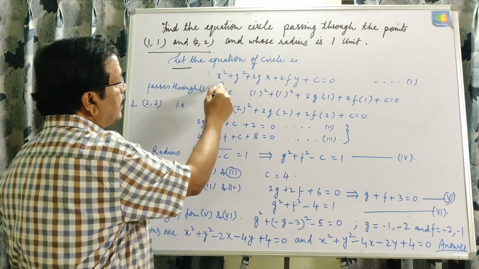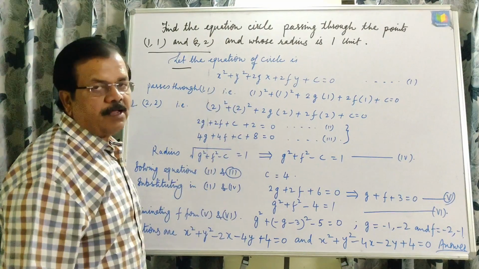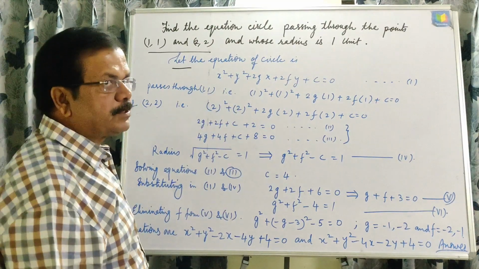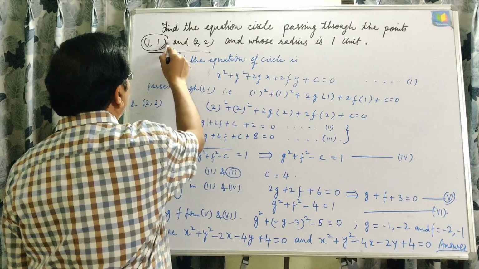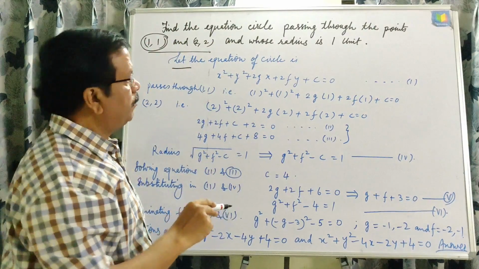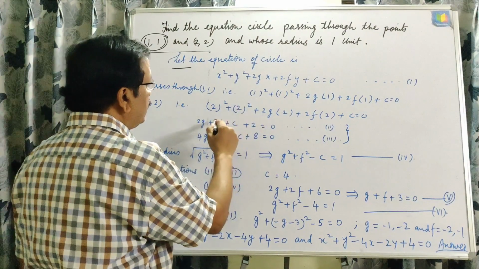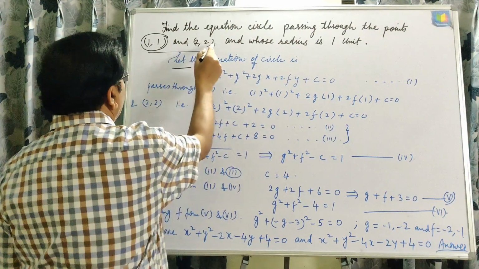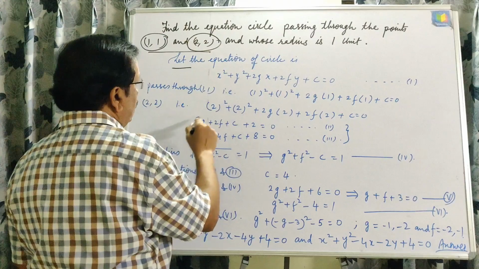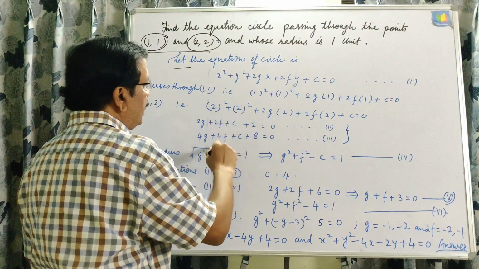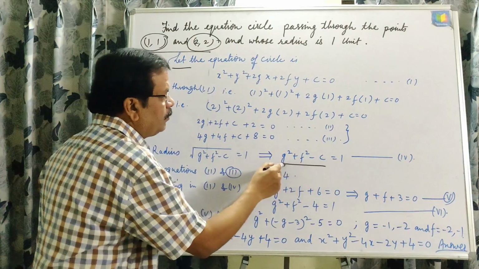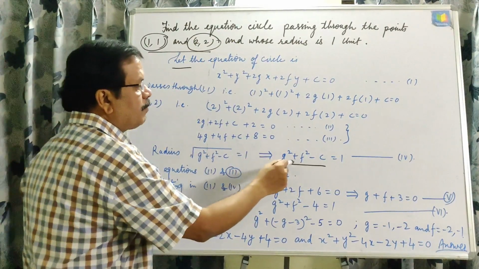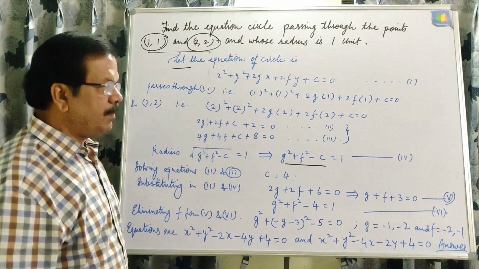Let the equation of circle be x square plus y square plus 2gx plus 2fy plus c is equal to 0. Putting in the value 1, 1, because this passes through the point 1, 1, we are getting one equation, and putting 2, 2 in the given equation, we are getting another equation, and the radius is given as 1 unit, which means g square plus f square minus c is given as 1.